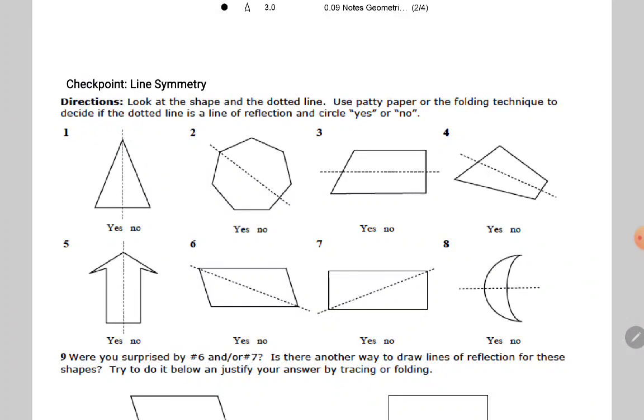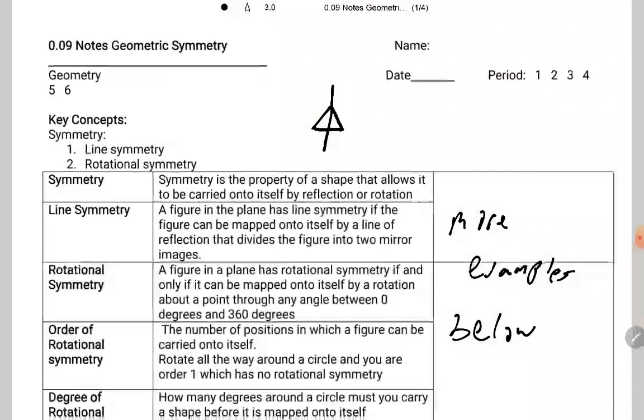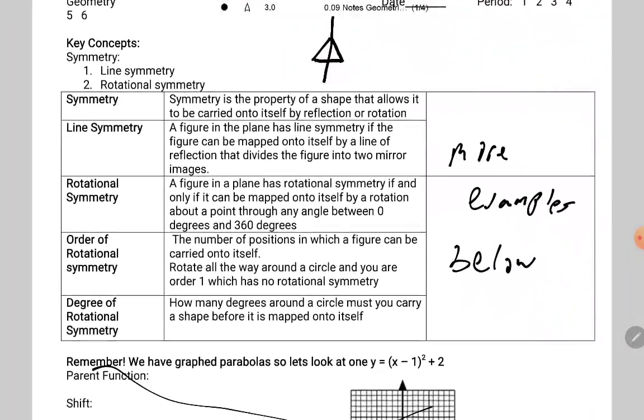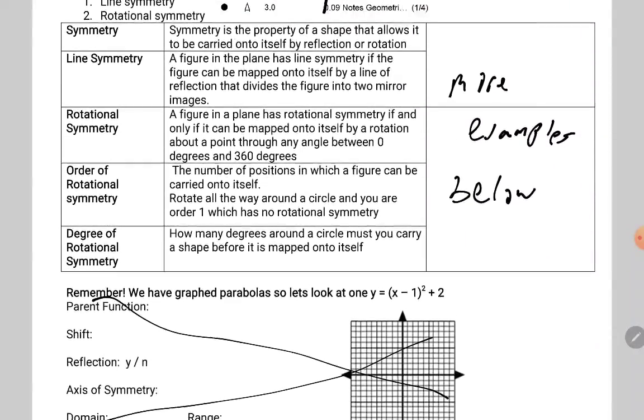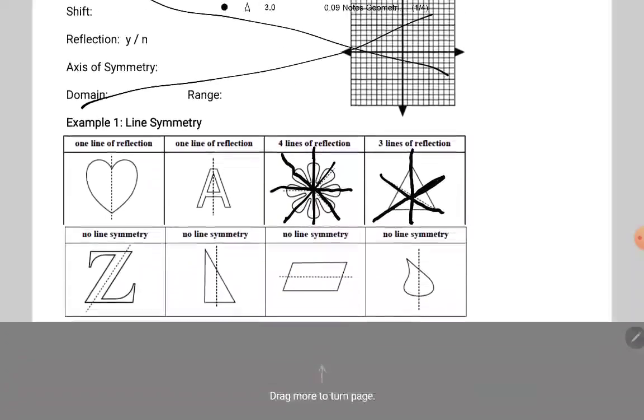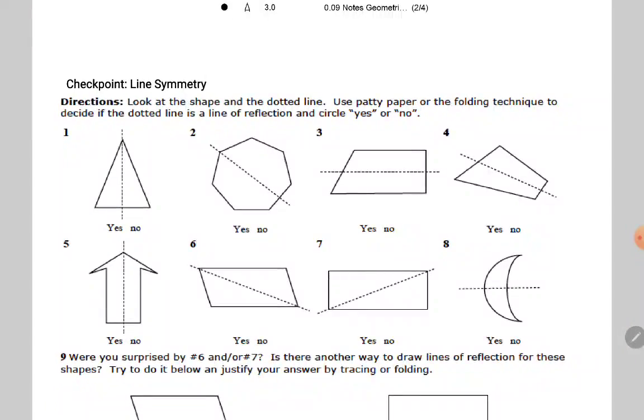Alright, don't worry about these other vocabulary words, I'll go over them as we go through these examples. Line symmetry: look at the shape and the dotted line.